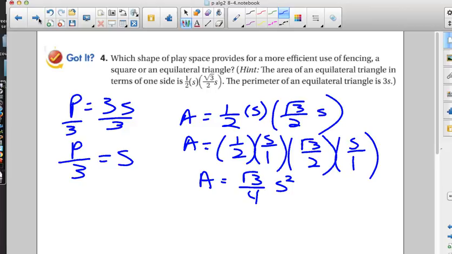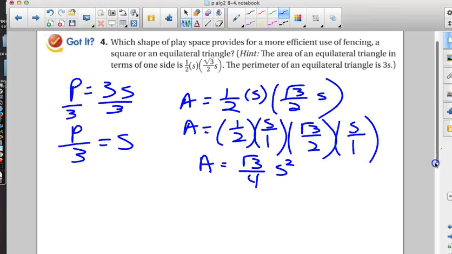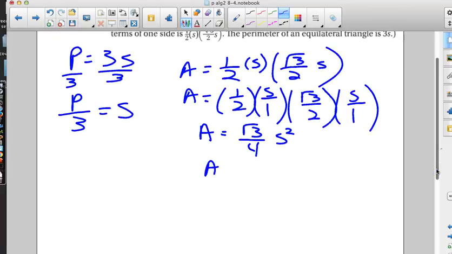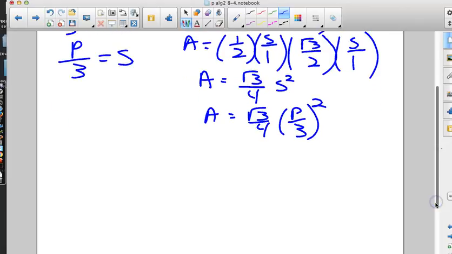So now we take our obnoxious little p over 3, slap it in here, like so. What's next? Square it. Okay, so p squared over 9.